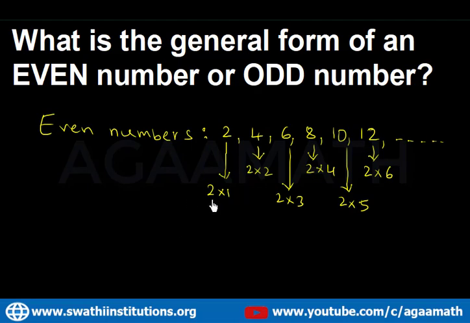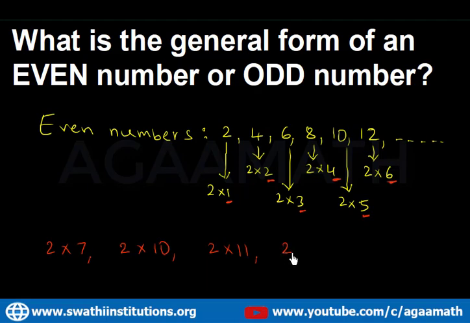What is the change? 2 is common, and 1, 2, 3 are different values. So 2 times anything you take, like 2 times 7, 2 times 10, or 2 times 11, is also an even number.